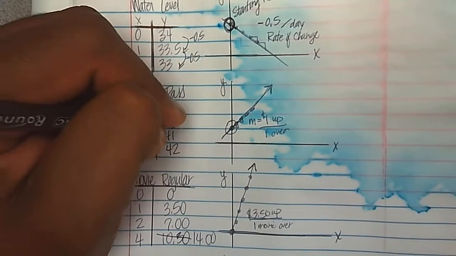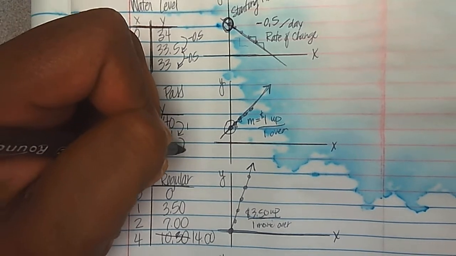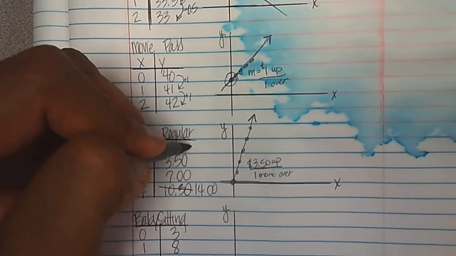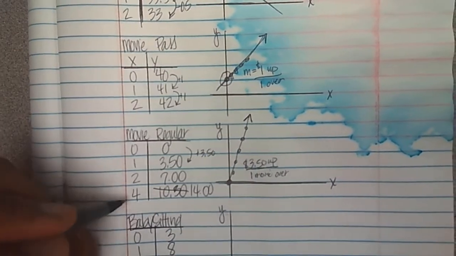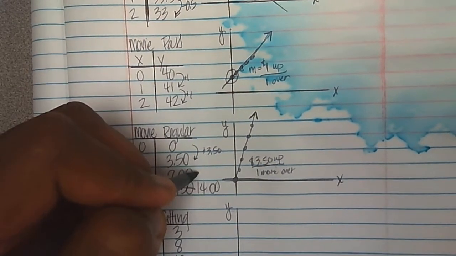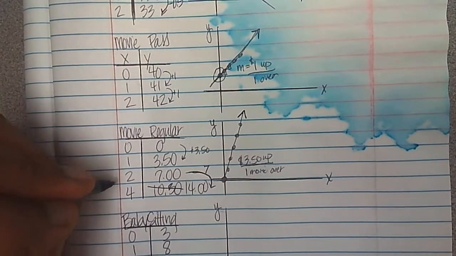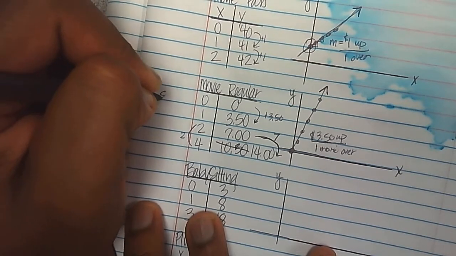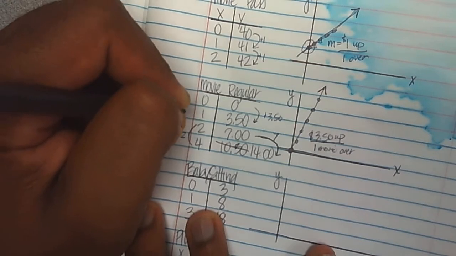So on these, when you go by one number every time, this is going up 1. With this one, you're going up $3 every time. If I were to skip these numbers, if I were to go by 2s all of a sudden, this would go up by 7, but that would go up by 2. 7 divided by 2 equals my $3.50 per one day.